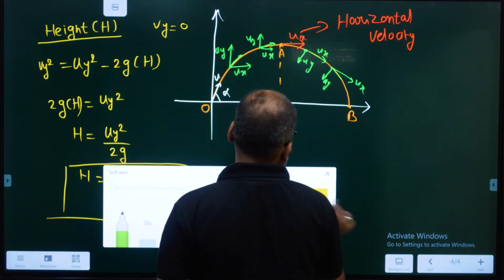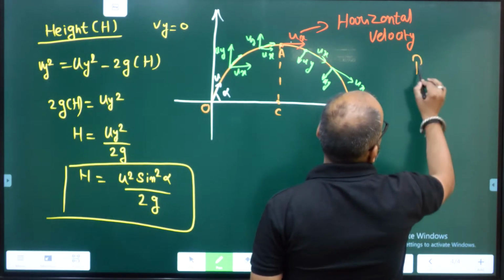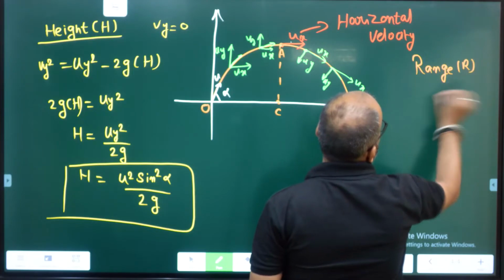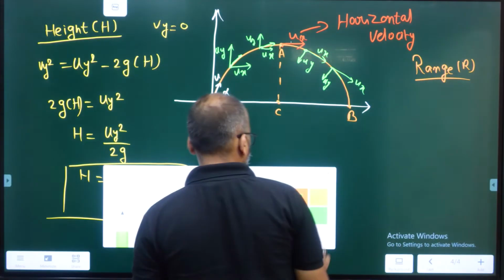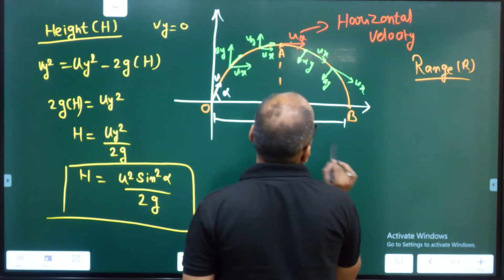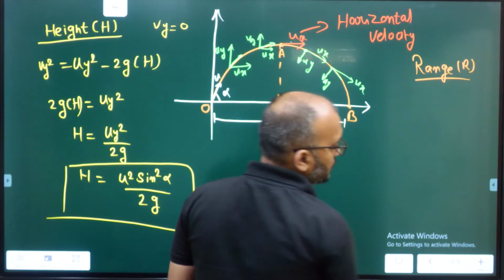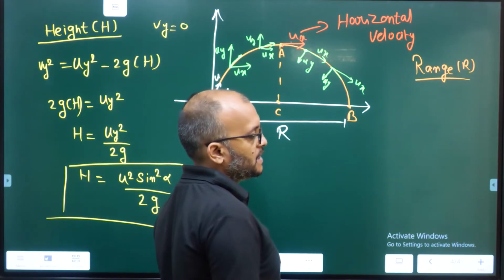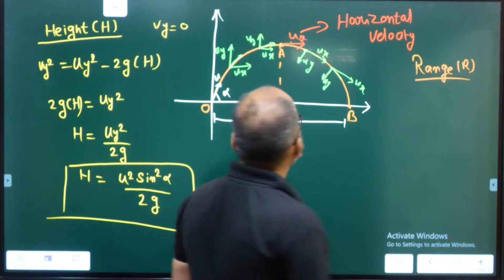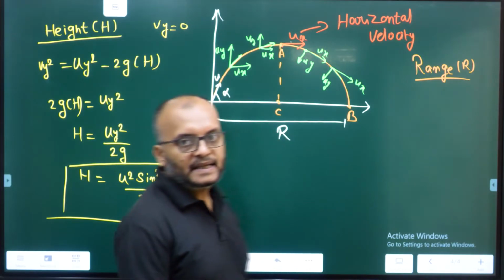Now finally let's find out the range. So what is range? This distance OB is the range. Or you can say this displacement from O to B is the range.